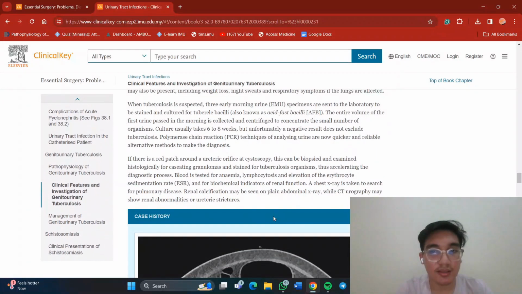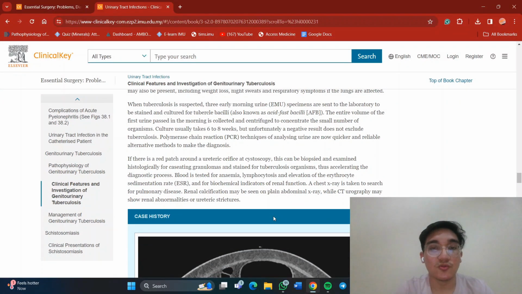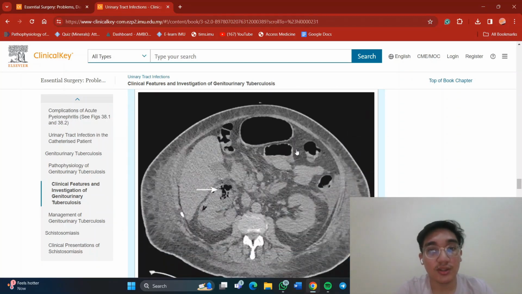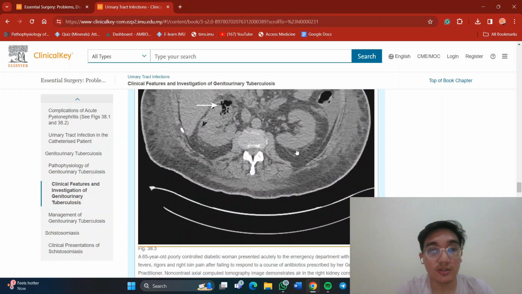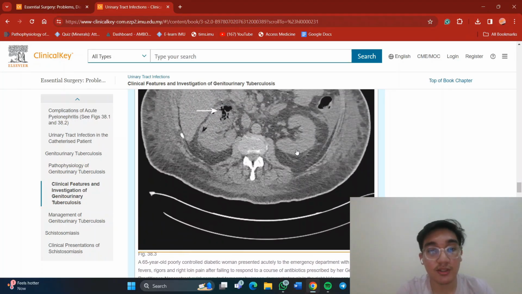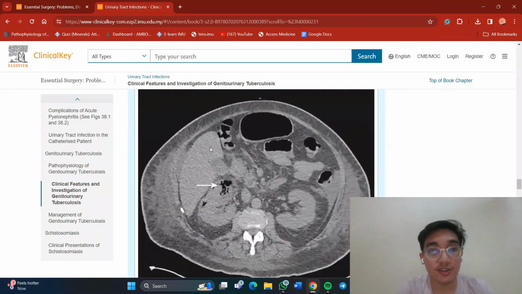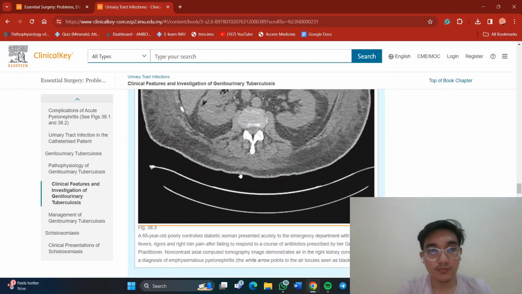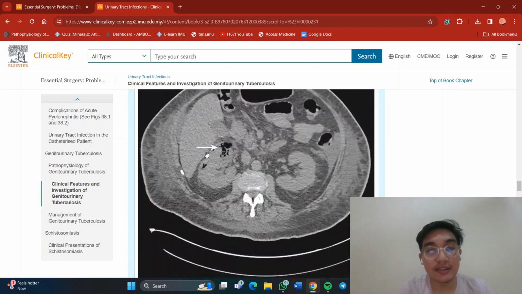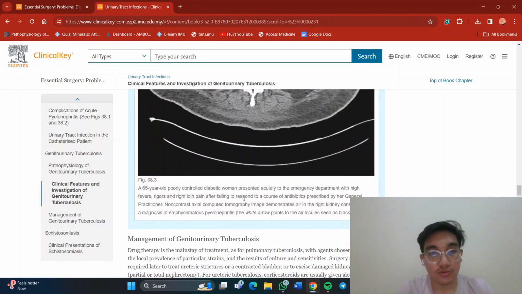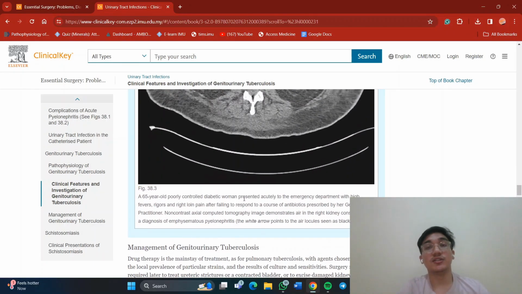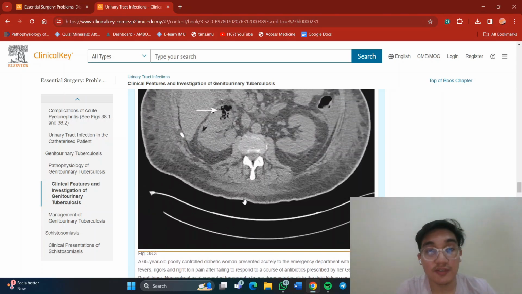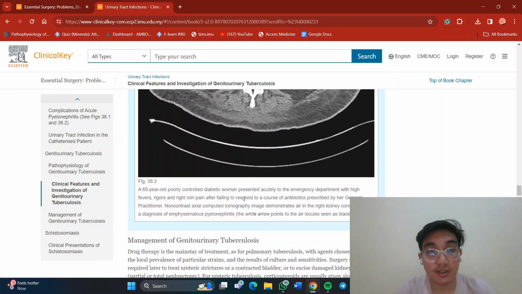Another thing that I would like to emphasize in this textbook is that it also contains radiological pictures, as you can see here. This one is for the case history, which I believe was taken from a real life scenario, and it is also labeled with some arrows. From here, the students can easily check the specific part mentioned in the content.